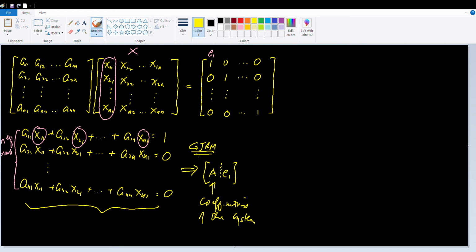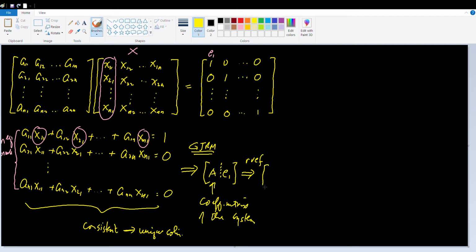And performing the Gauss-Jordan reduction method, this will result in a reduced row echelon form, no? Assuming that this system is consistent. And if it is consistent, then we will be generating a unique solution.